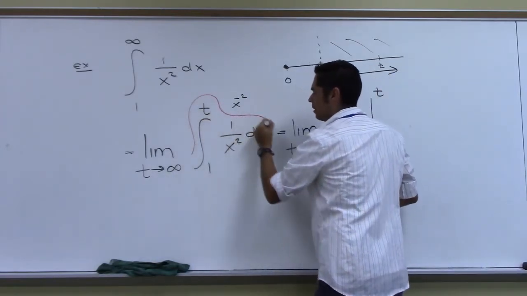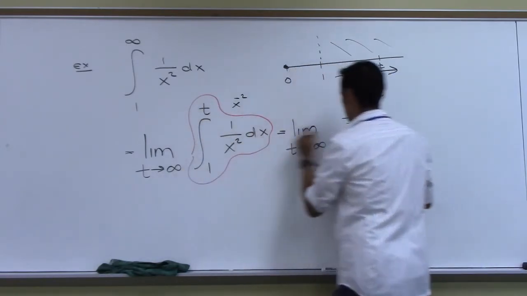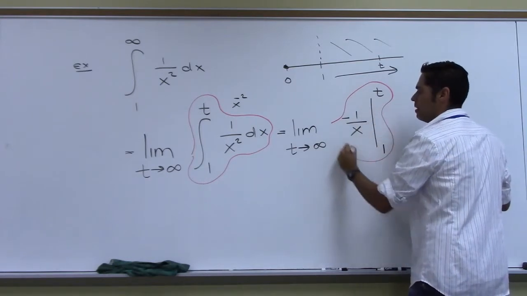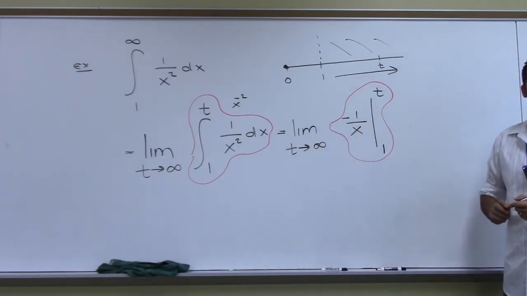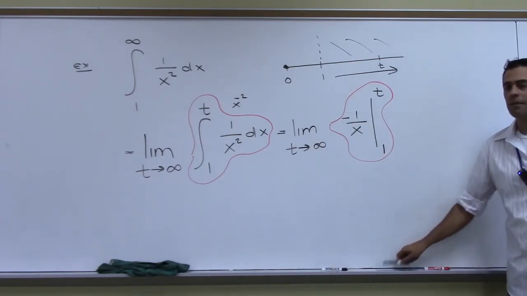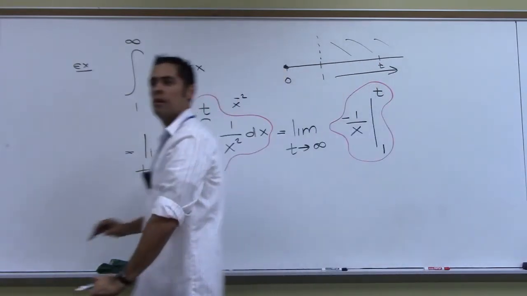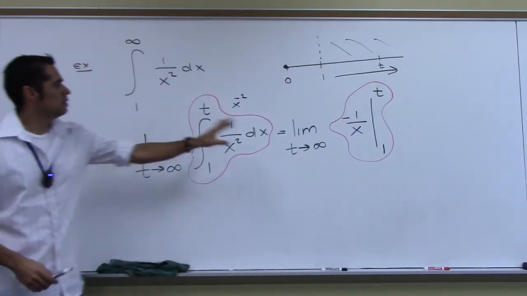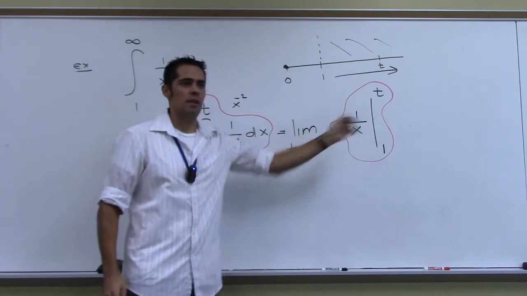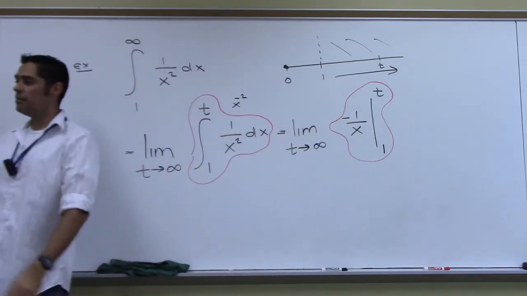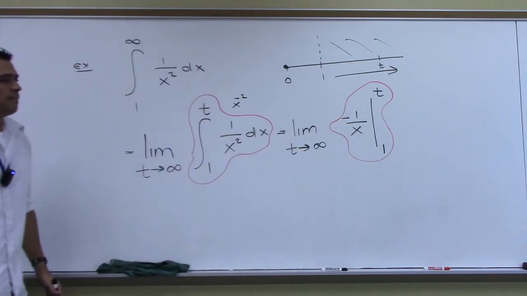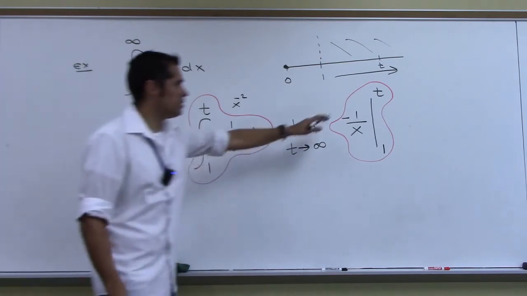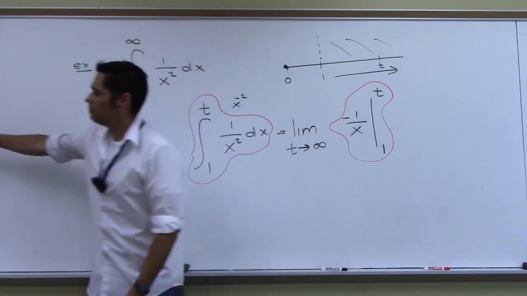This piece right here turns into this piece right here because of the fundamental theorem of calculus, right? Like if that limit wasn't there, right? That red piece means this red piece, yes? Because of that. And what am I supposed to do with this? Plug in, right?